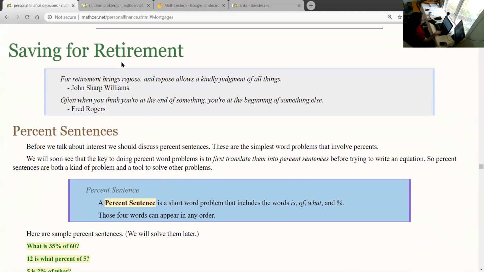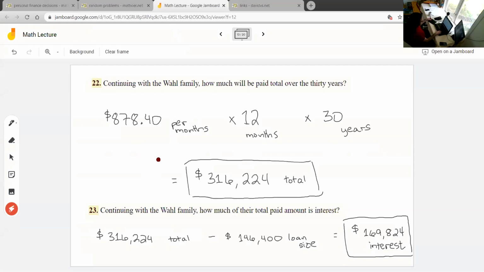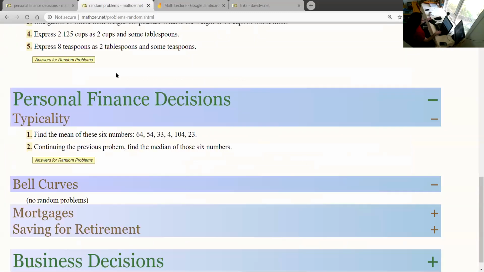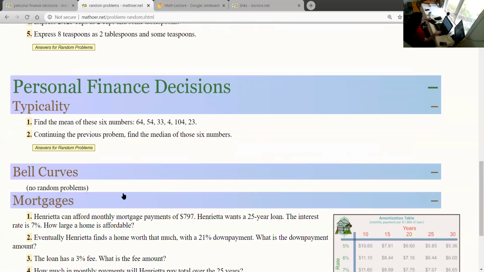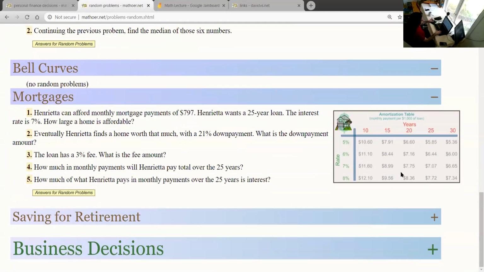So we've made it all the way through mortgages, and we need to do lots more example problems. Right? This whole class, we basically just had one example problem. If you go to the homework, it looks very similar. And it even gives you this table. You don't have to have it in your notes. It will be there on the test. Somebody wants a certain size loan they can afford with this many years and this percent.